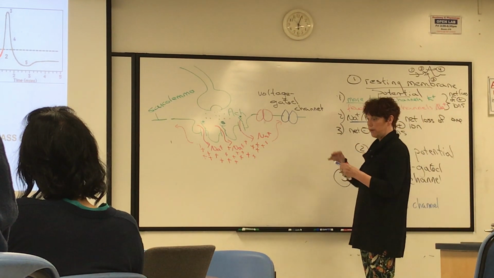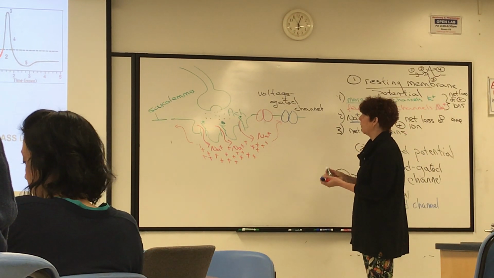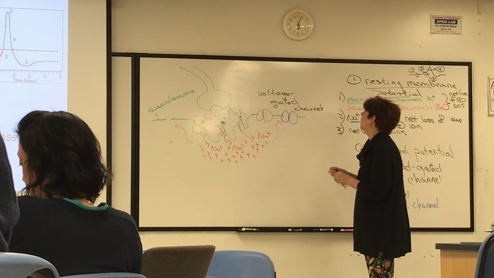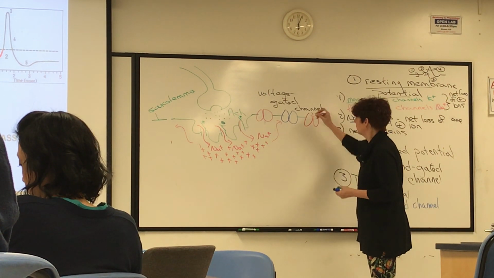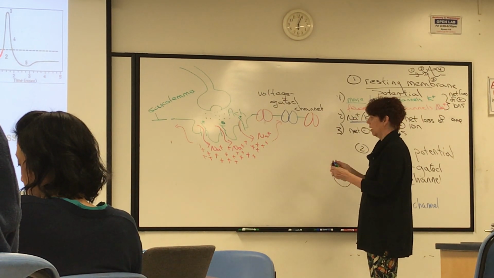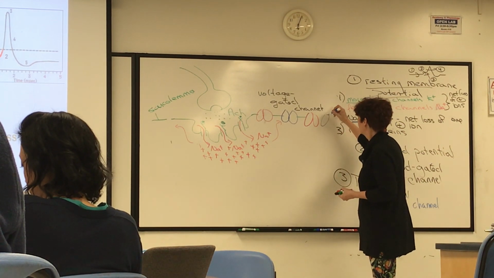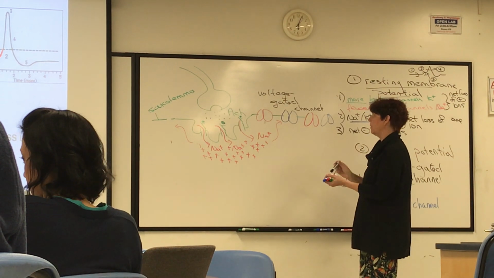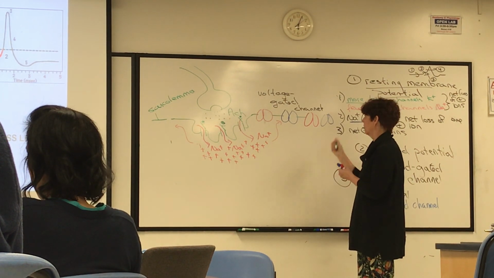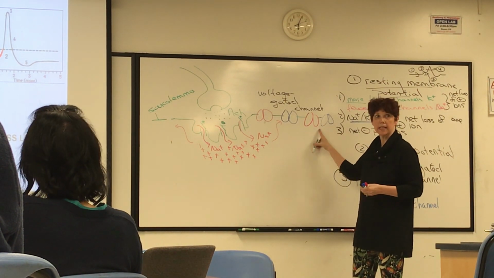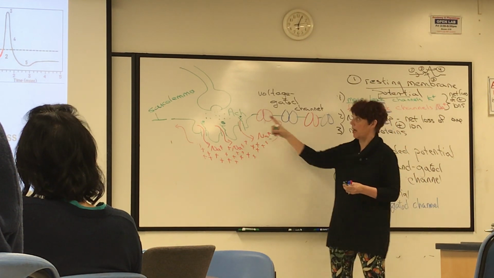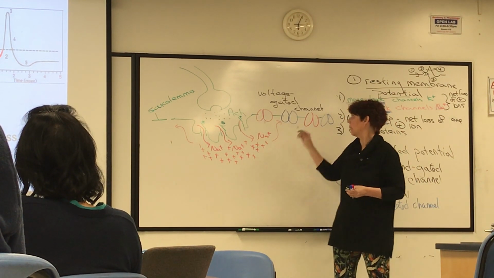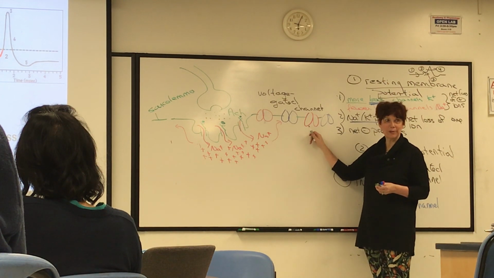But as we move farther down, and we have another set of voltage-gated channels, the current of our graded potential is not going to be strong enough to open these because they're too far away from the motor input. So what's going to open these voltage-gated channels?